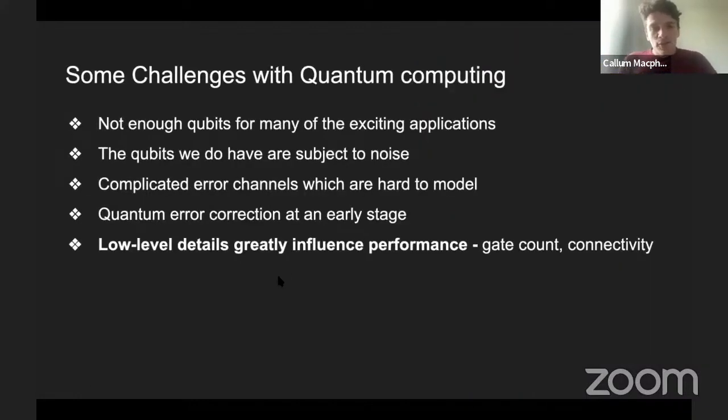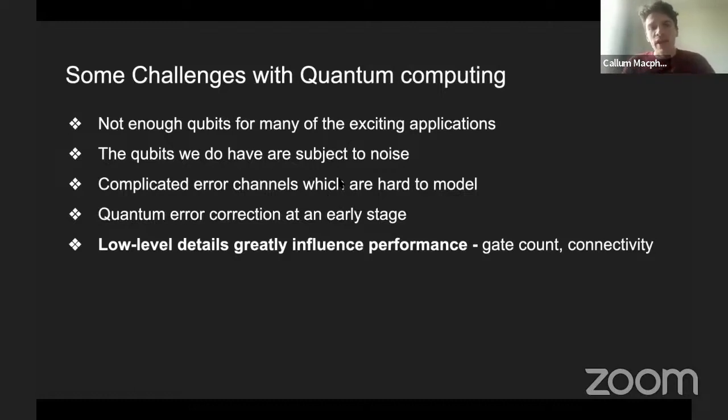But yeah, so quantum computing comes with some challenges, so many challenges, and I'll discuss some of these now. Firstly, we don't have enough qubits for some of the most exciting applications. As I mentioned, Shor's algorithm is a very promising algorithm on paper, but you need many, many qubits to actually run it for a cryptographically interesting problem, for instance, to break RSA.